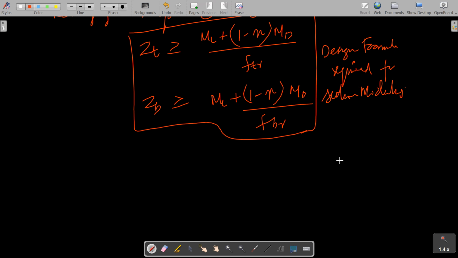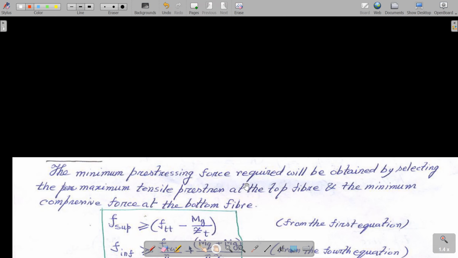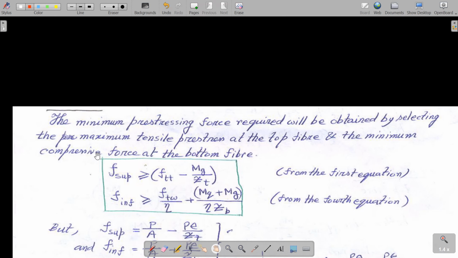You have the maximum tensile stress at the top fiber during the time of transfer, and you should ensure there is a minimum compressive stress at the bottom fiber. So the minimum pre-stressing force required will be obtained by considering the maximum tensile stress at the top fiber during transfer and the minimum compressive stress at the bottom fiber.